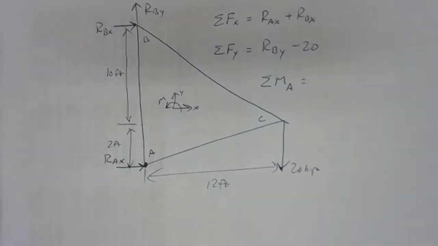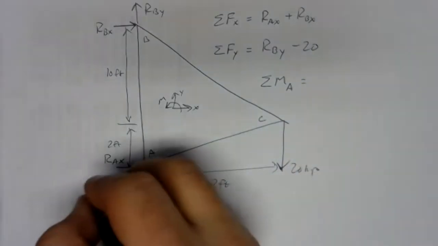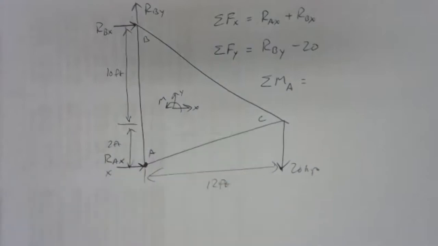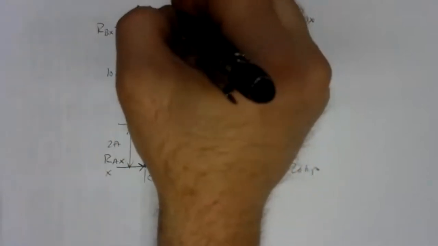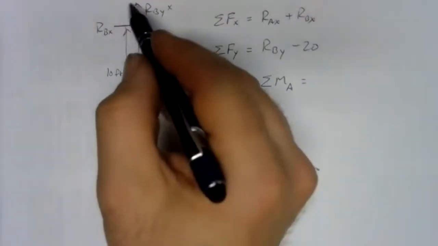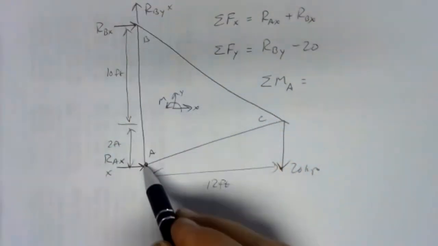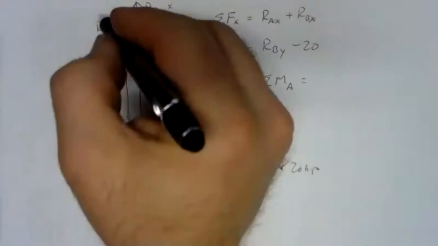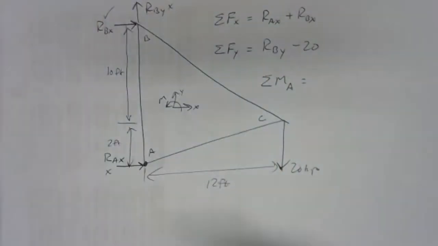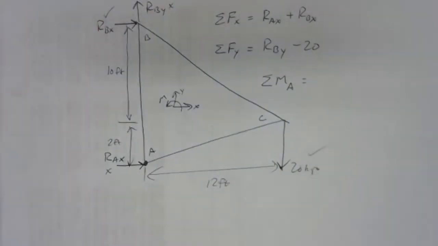If we're using A as our pivot point, we're going to knock out RAX for having a moment. RBY will also not have a moment since the line of action of RBY goes right through A. But RBX will have a moment, and the 20 kip force will have a moment. So we have two terms in our moment equation.